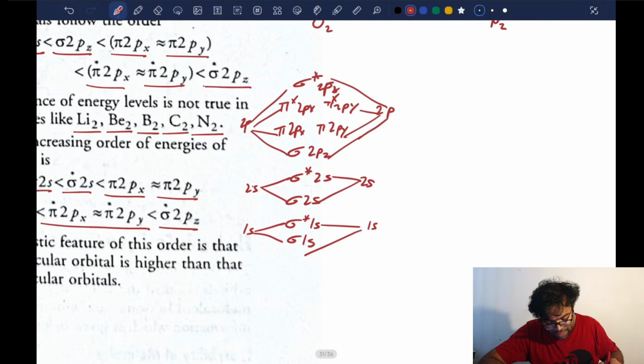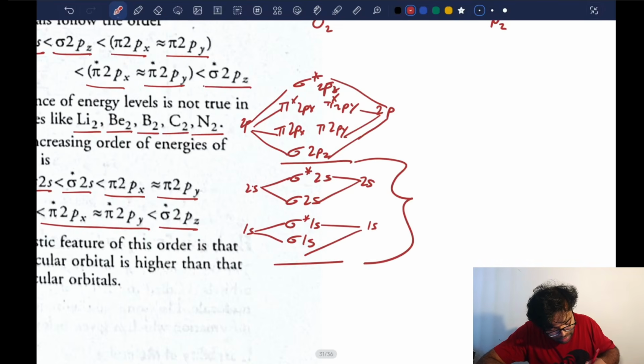Okay, similarly, in the case of N2, what do you get? The initial arrangement till here is going to remain the same. Okay, look at this. Sigma 1s, sigma star 1s, sigma 2s, sigma star 2s.